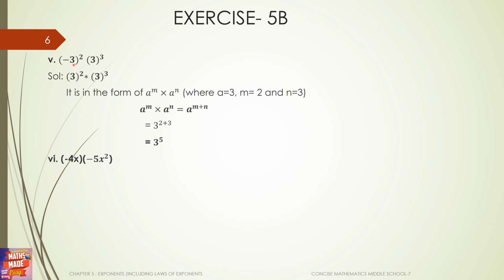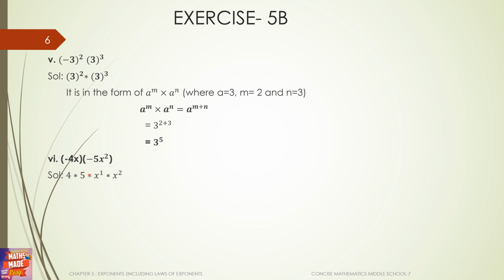They have placed braces and put this minus 3 inside the square. That means the square is applicable for the index inside the braces, for both of them. But here it's not like that. The square is applicable only for the x. Right? Most of the children get confused over here.